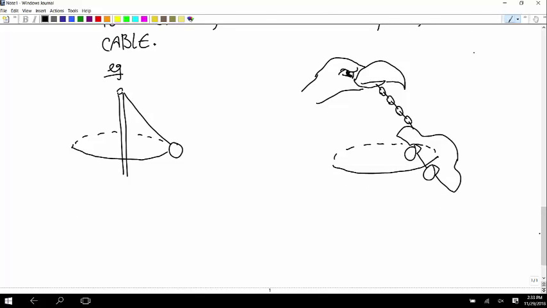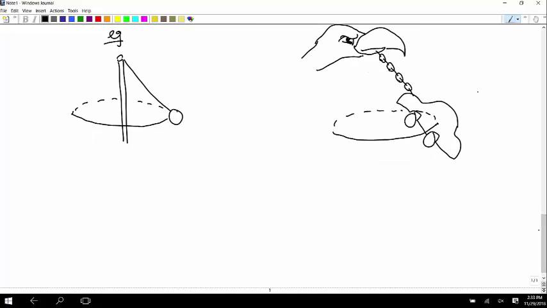In problems like this, we're going to choose a different view than we do in every other kind of problem. We're going to choose a side view, and that means we won't be able to see the path as a circle.